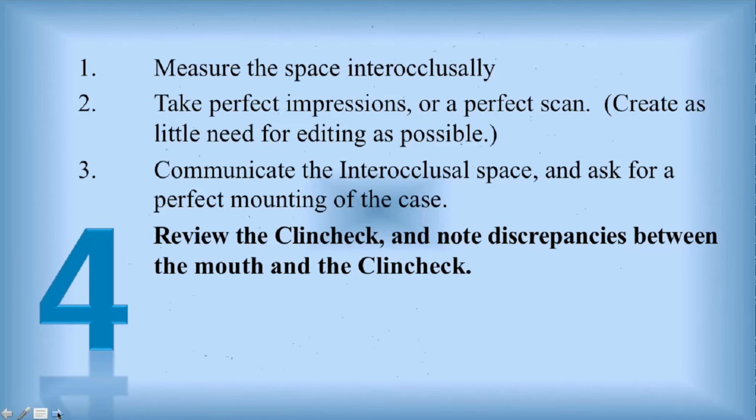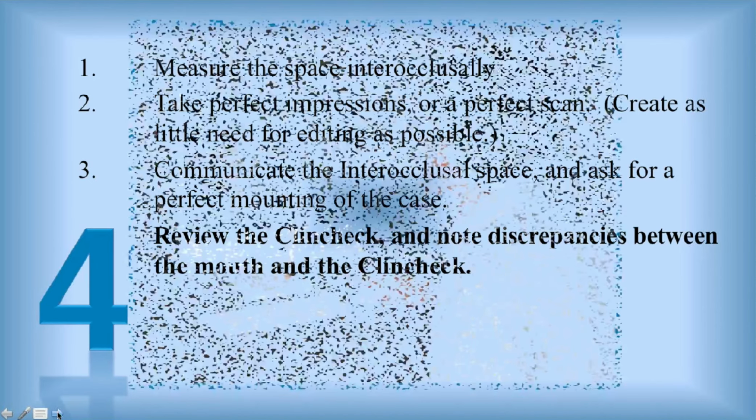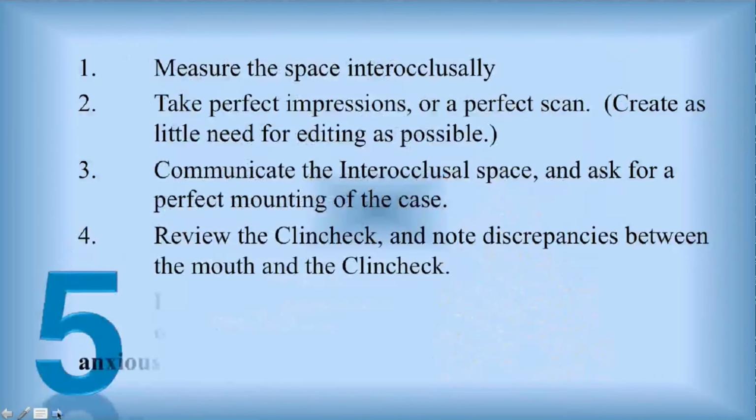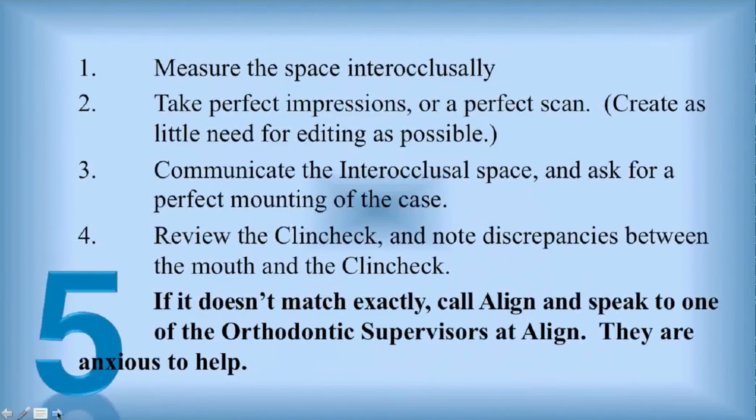So then you go back to the computer, study that over, make sure that it all matches, and then at the end, you review the ClinCheck. If it doesn't match exactly, then I recommend that you call the clinical hotline at Align and speak to one of the orthodontic supervisors at Align. They are very anxious to help you.